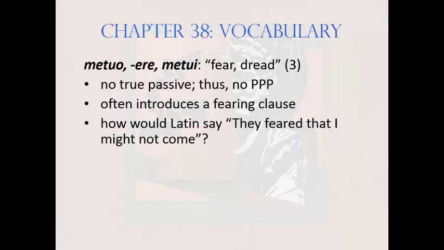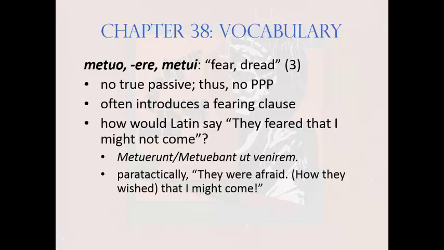Yes, they do. So the answer is metuerunt, or metuebant, ut venirem. Imperfect subjunctive shows contemporaneous action in secondary sequence. Remember the paratactic origin of fearing clauses. Early Romans would have heard this sentence as, they were afraid, how they wished that I might come.